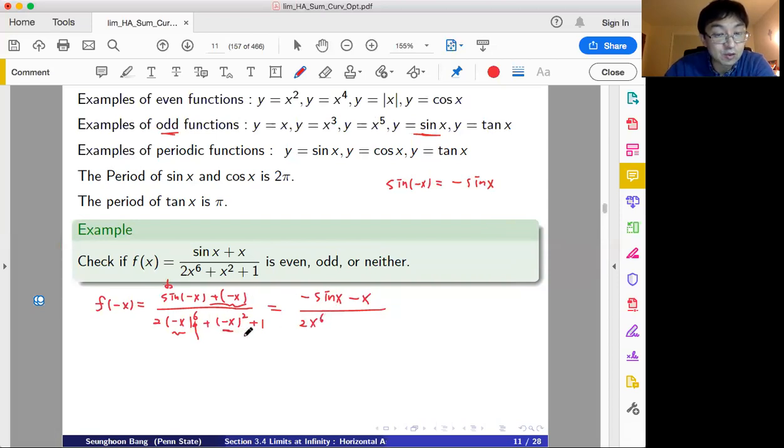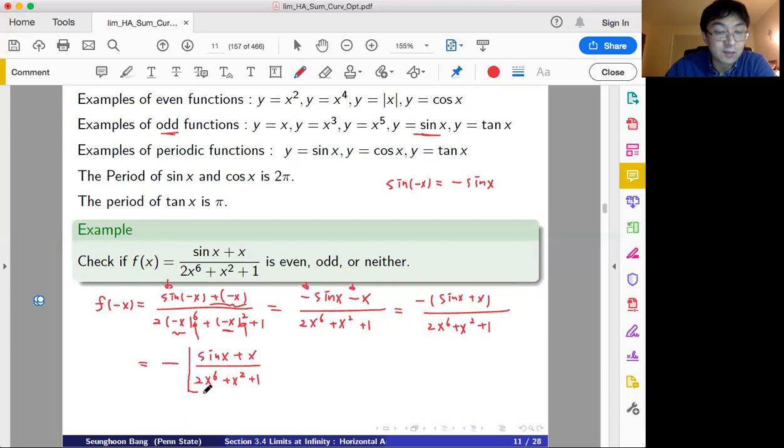Same for minus x to the power 2, 2 is an even power, plus x squared plus 1. Next, factor out minus 1. So we have negative sine of x plus x over 2x to the 6 plus x squared plus 1. You can take out minus 1, leaving sine of x plus x over 2x to the 6 plus x squared plus 1.